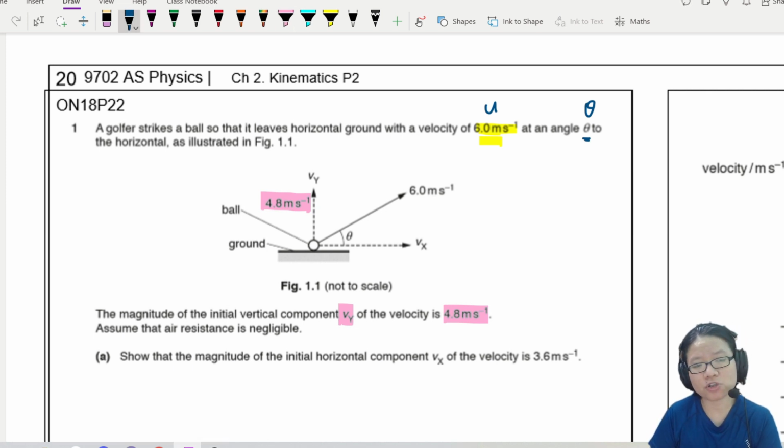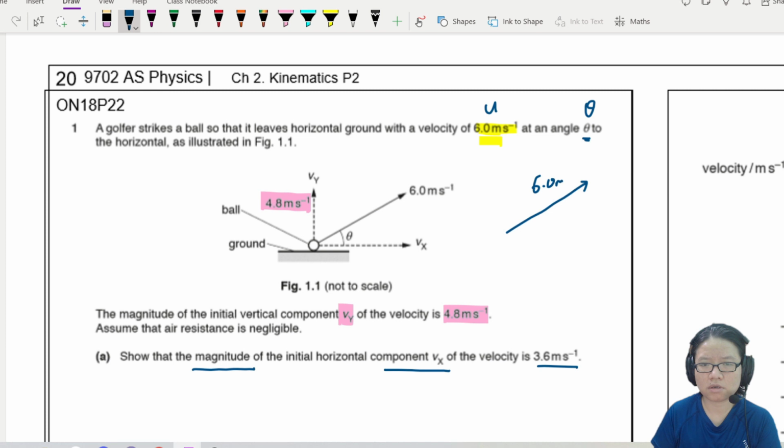So A, show that the magnitude of the initial horizontal component, Vx, is 3.6 meters per second. You may be thinking, teacher, I don't have theta. I know this 6 meters per second, I split it into 2, so I'll get this 4.8, but I am missing my theta.